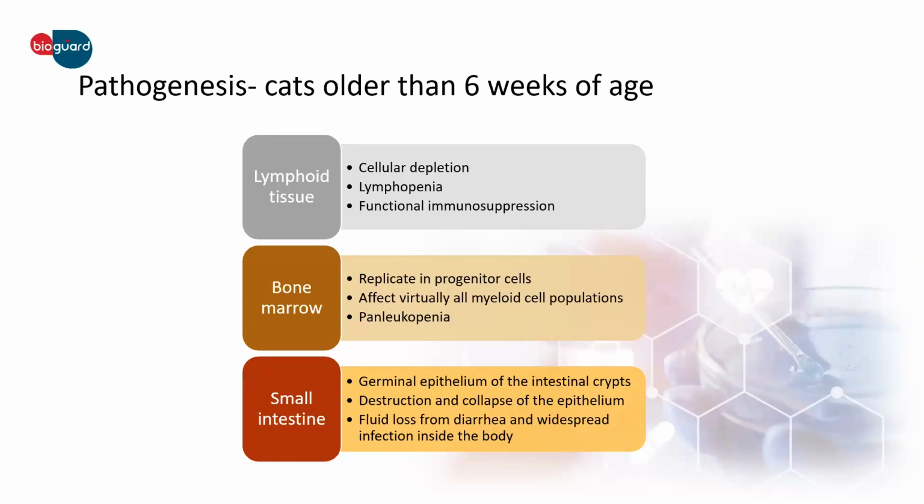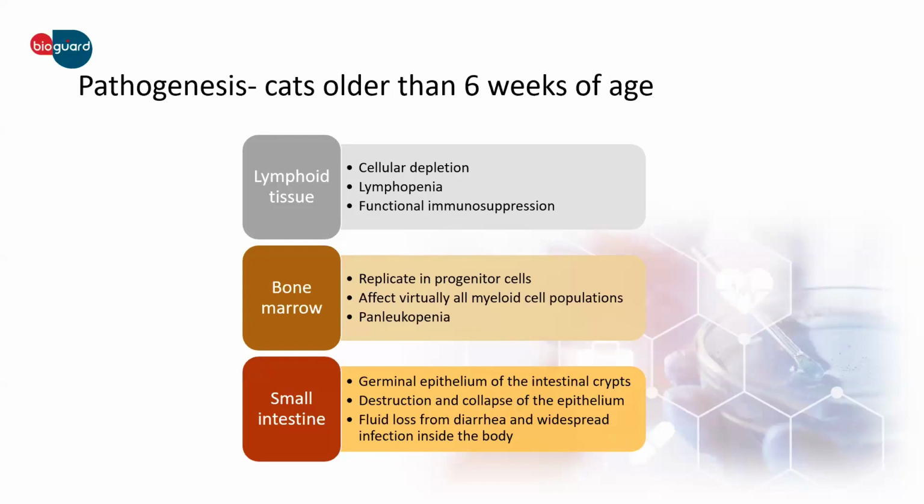That's why we see panleukopenia in the infected cats, because all the white blood cell populations are decreased.